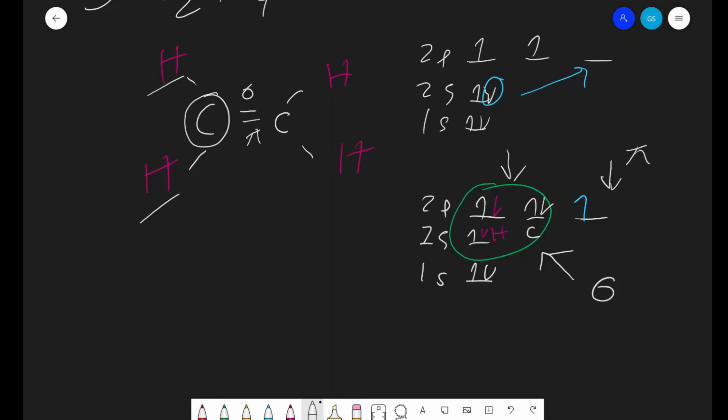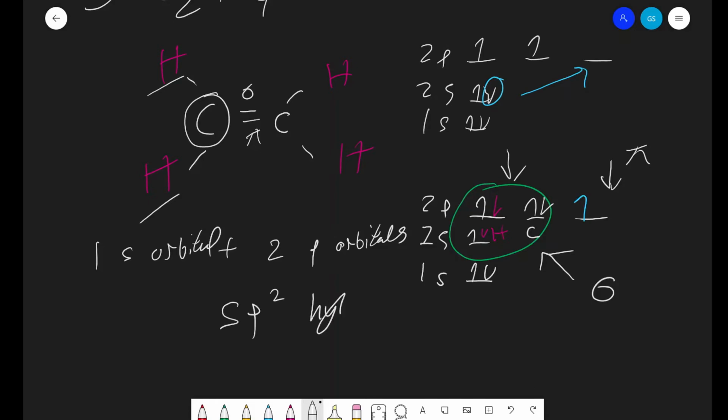So if we're only using 3, then, because this is a 1s orbital, it's one s orbital plus 2 p orbitals. Well, the hybridization classification would be sp2 hybridized.